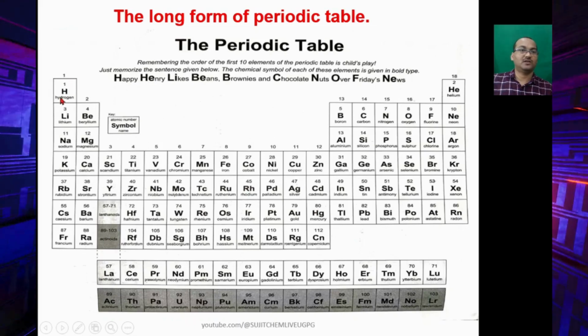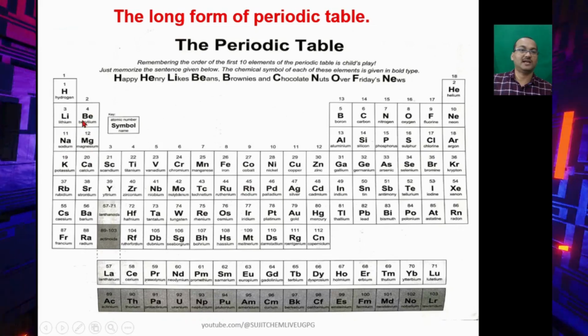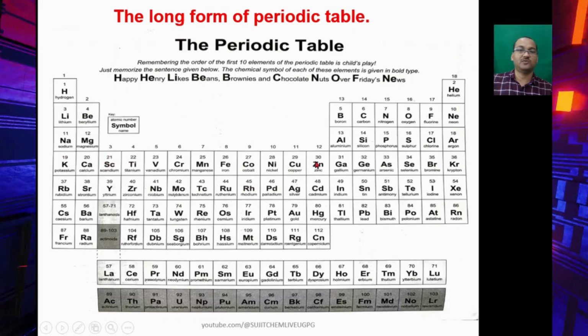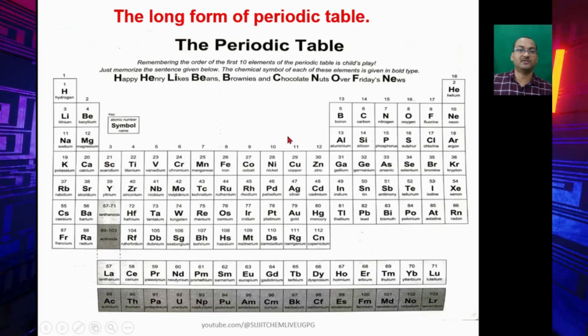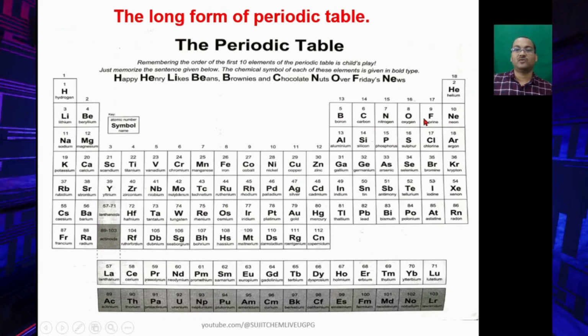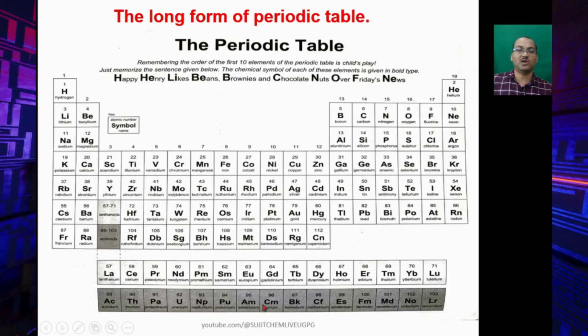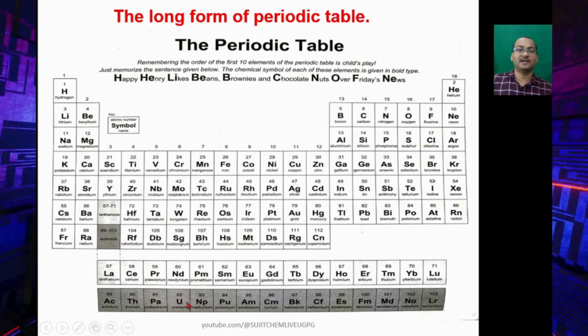This group is called alkali metals, and this is alkaline earth metals, and from scandium to zinc, this middle one is called d block elements. On the extreme right side, boron to fluorine and neon is called p block element, and at the bottom you have lanthanides and actinides.